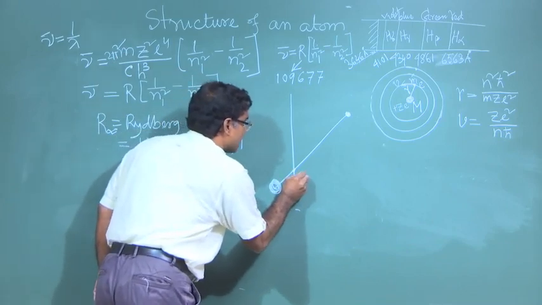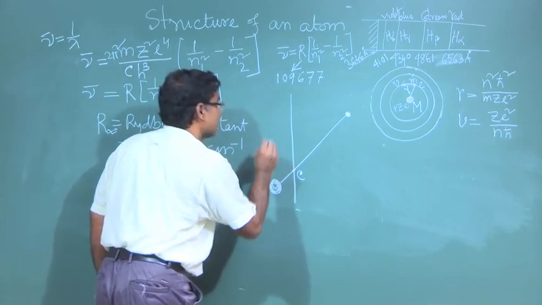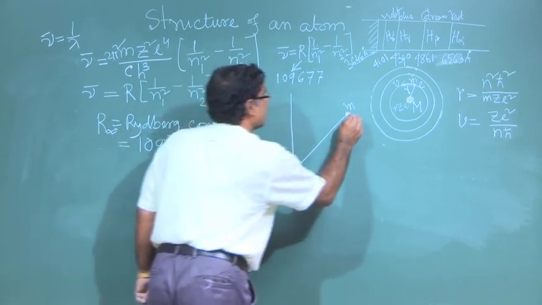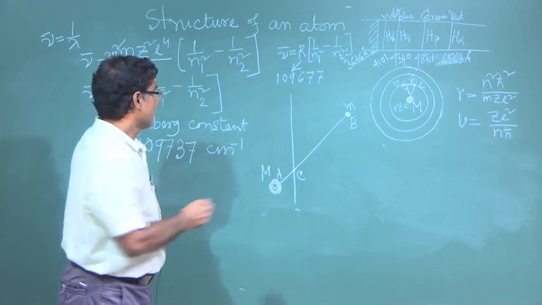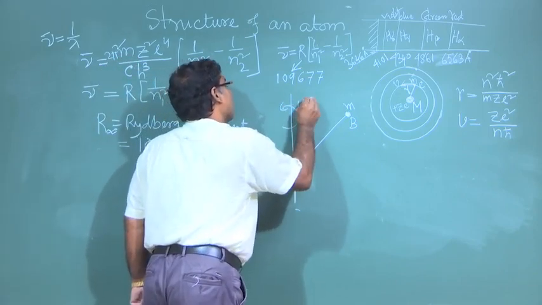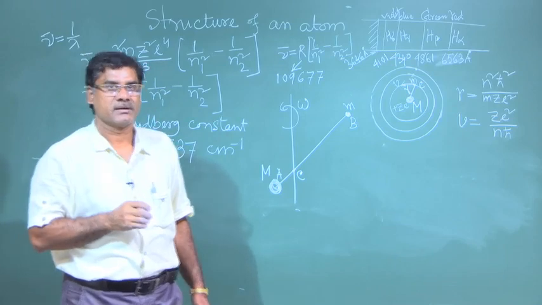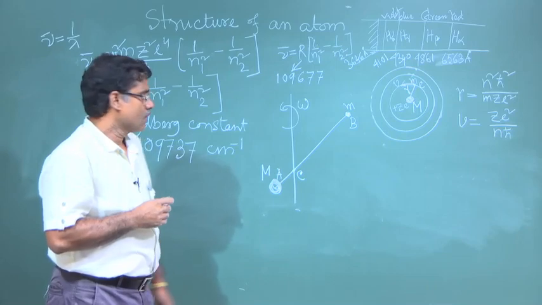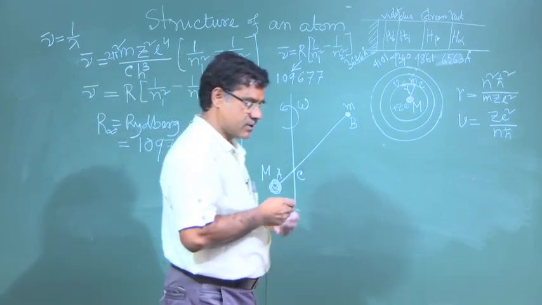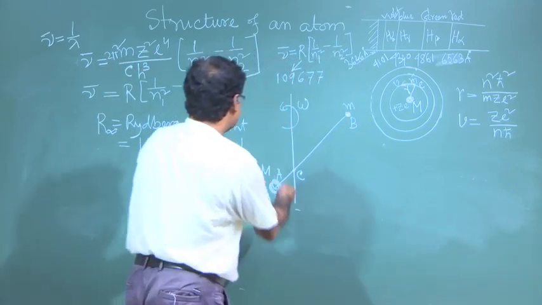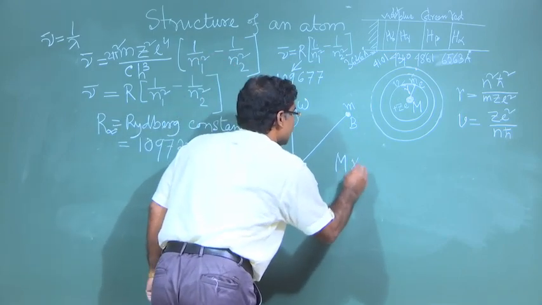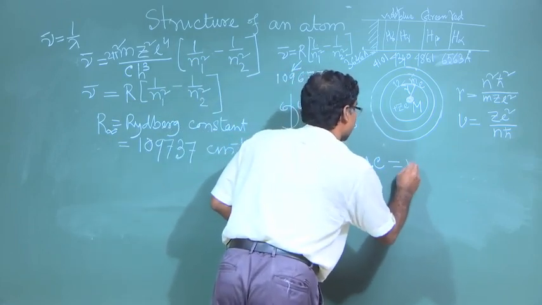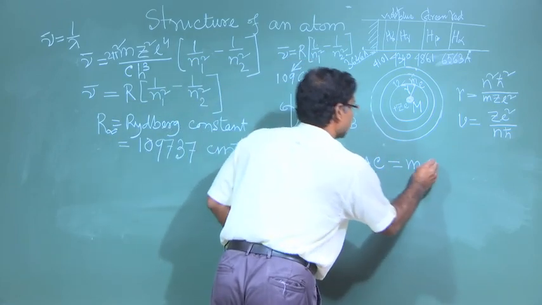See, this is capital M, this is small m, this is A, this is B. It is rotating with angular velocity omega. From the center of mass, M into AC has to be equal to m into BC.